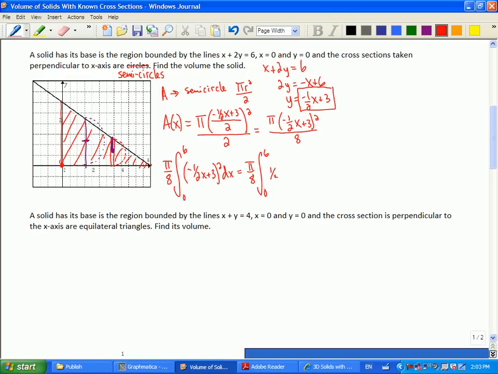So it'll be 1/4 x squared minus 3x plus 9. So I think that's the integral I'm looking for here.